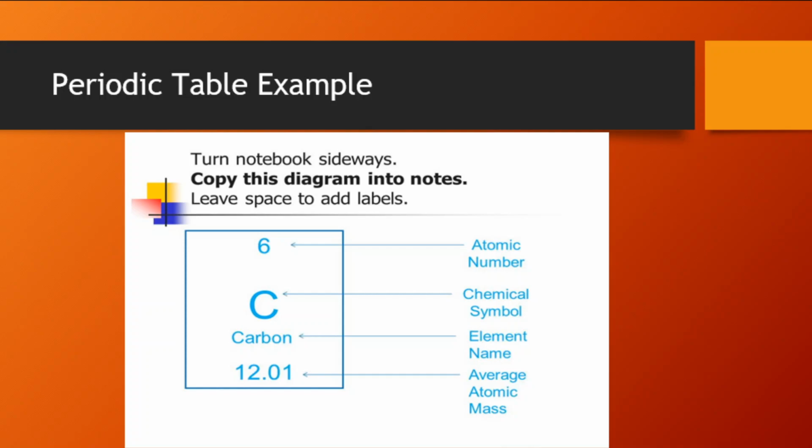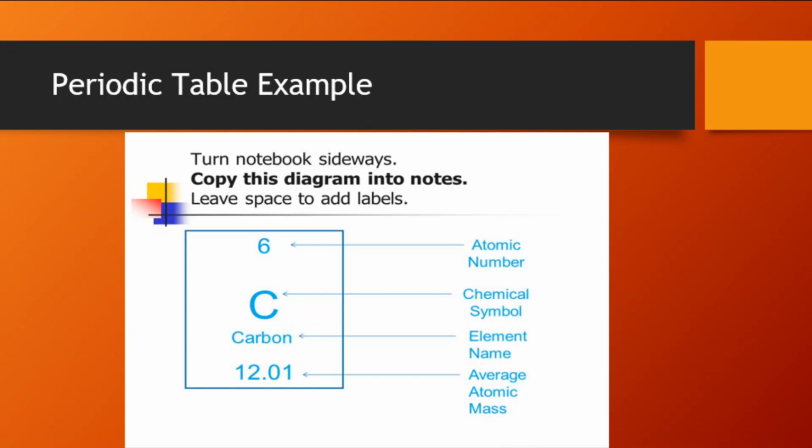Then you've got the element name below the chemical symbol, and directly below that, the average atomic mass of that particular element. For carbon, it's 12.01. That would be measured in AMU on the atomic scale, and on the macroscopic scale, that would be 12.01 grams of carbon in 1 mole of carbon.